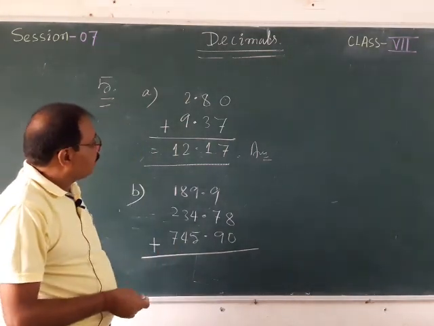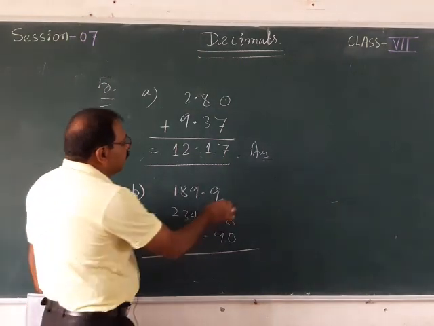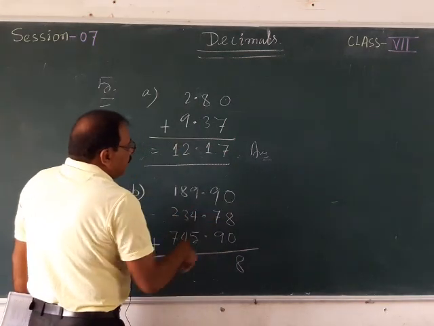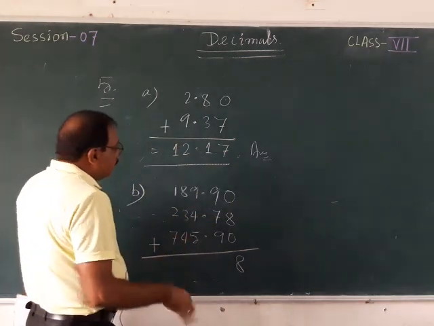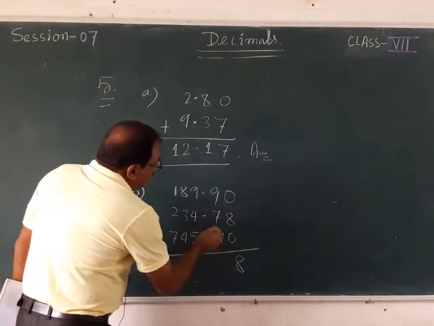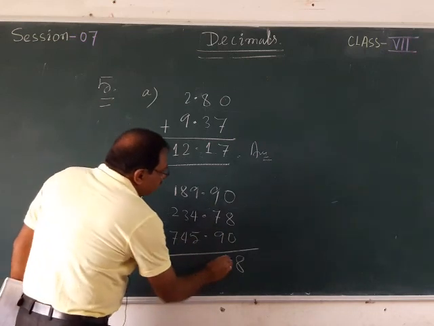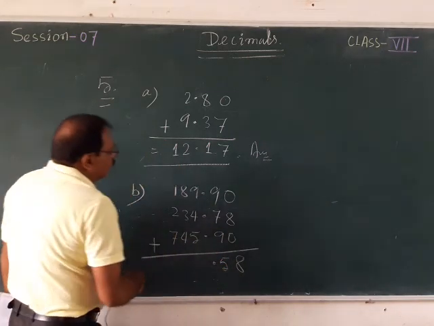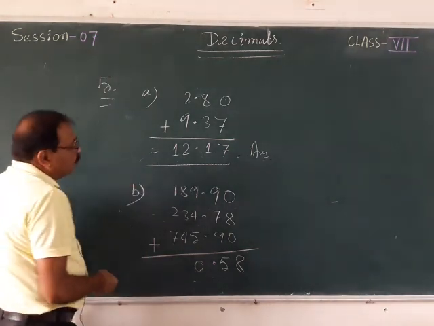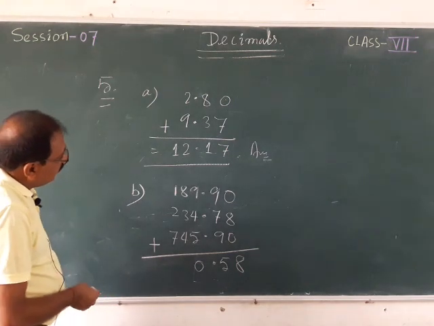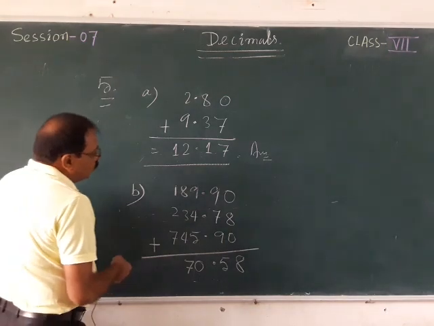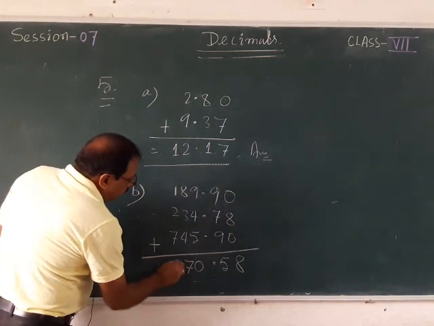If the number of digits are not equal, then you have to change it by putting a 0 over there, then you can add as you are adding simply: 9 plus 7 plus 9, that is 25, 5 carry 2, then 9 plus 2, 11 plus 4, 15 plus 5, 20, 0 carry 2, and 8 to 10 and 10, 3, 13 plus 4, 17, 7 carry 1, then 1, 1, 2, 2, 4 and 7, 4, 11.